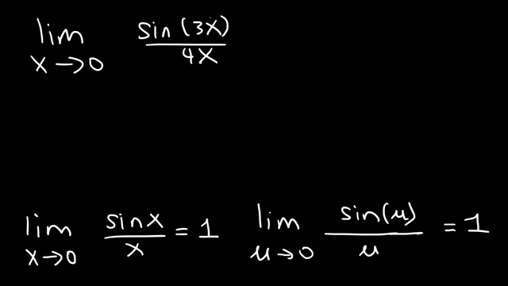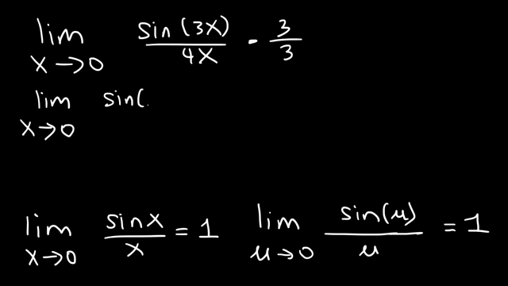So what we need to do is first make these two the same. In order to do that, I'm going to multiply the top and the bottom by 3 divided by 3. I'm going to move around some things. So I'm going to switch the 4 with the 3. 4 times 3 and 3 times 4 did the same thing.